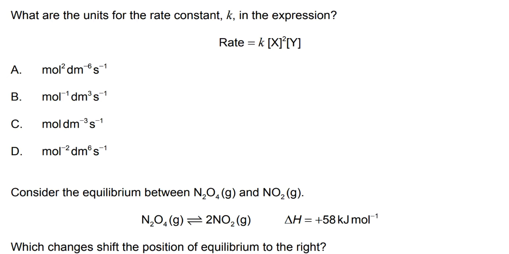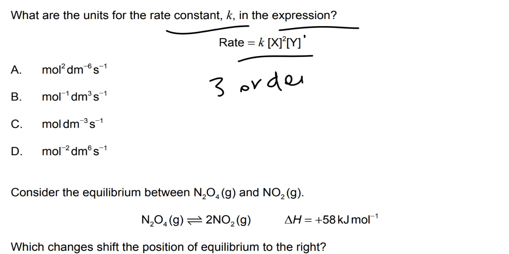Question 1 says, what are the units for the rate constant K in the expression rate = K[X]^2[Y]^1, where X and Y are reactants? If there's nothing there, that's to the power of 1. Well, here we've got to consider that this is overall going to be a third order reaction.